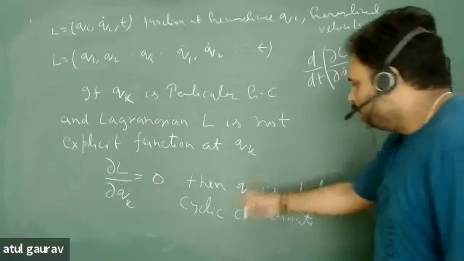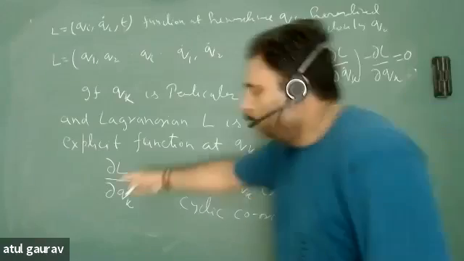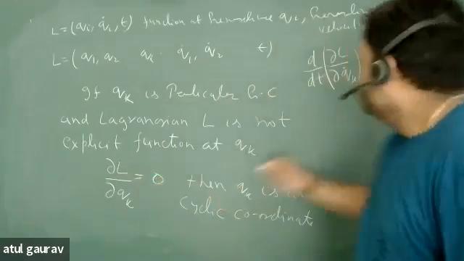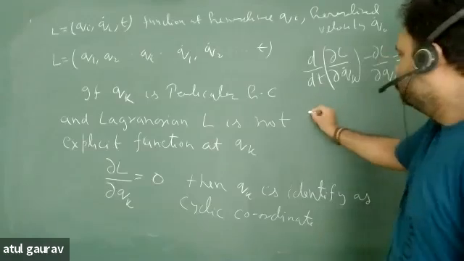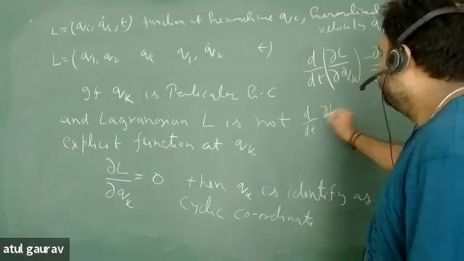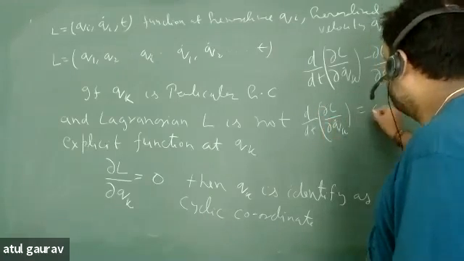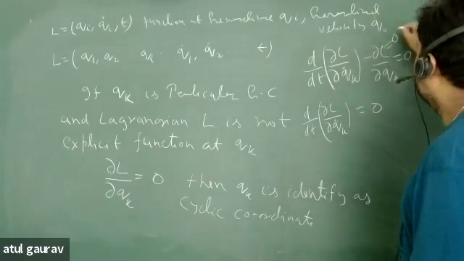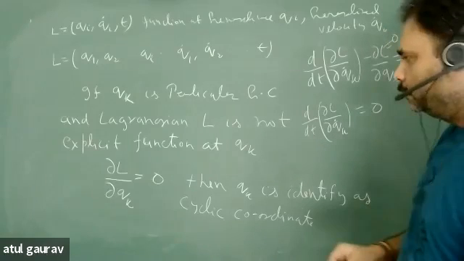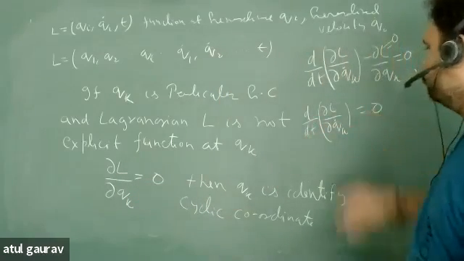Now del L upon del Qk is 0 because Qk is a cyclic coordinate, so this term will be 0. Then d upon dt of del L upon del Qk dot is equal to 0, so this term must be 0.